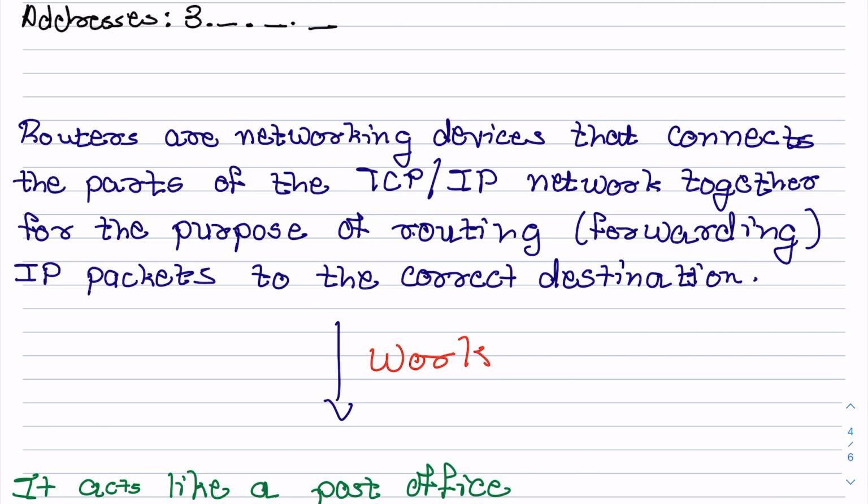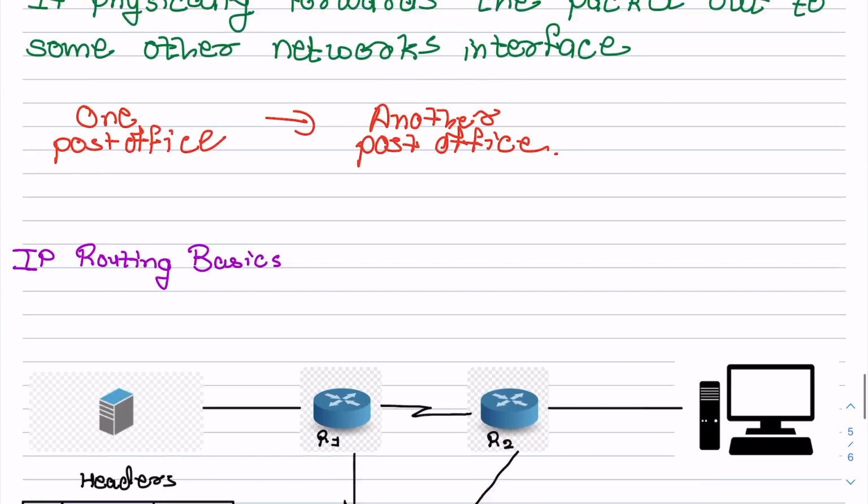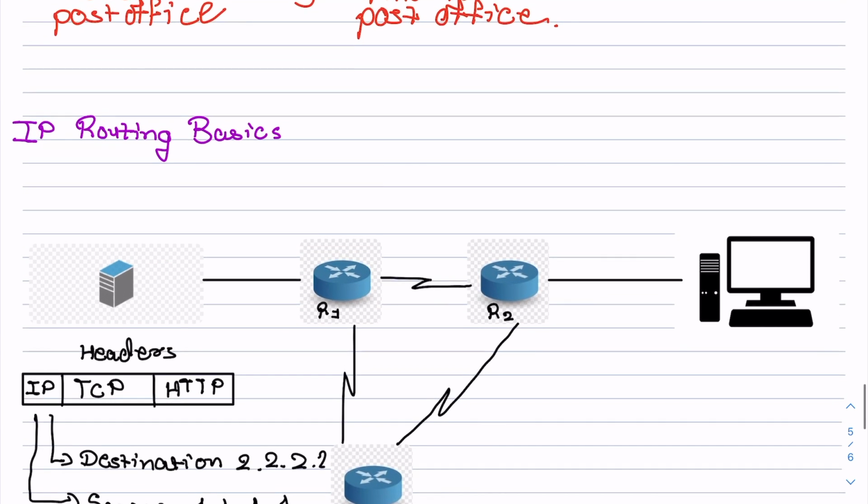Basically, a router and a post office are the same because they are forwarding the mails from one post office to another. The post office will send the mail according to the address, and the router will send the mail according to the IP address. That's the only difference between them. Now, what are the IP routing basics?